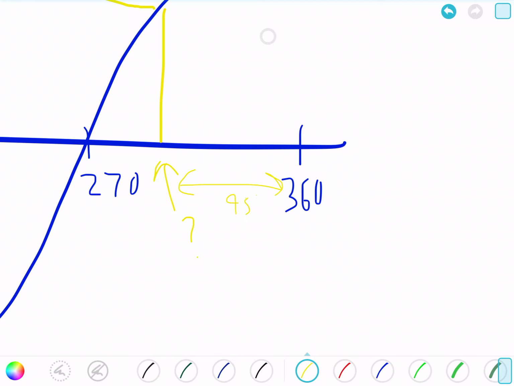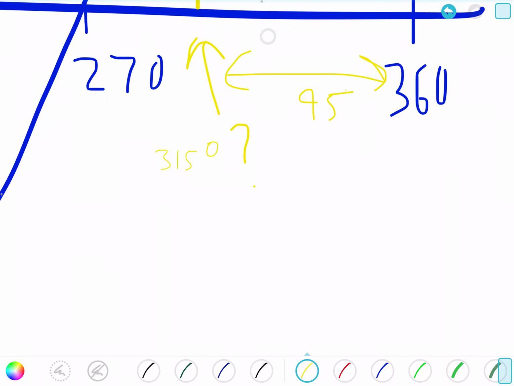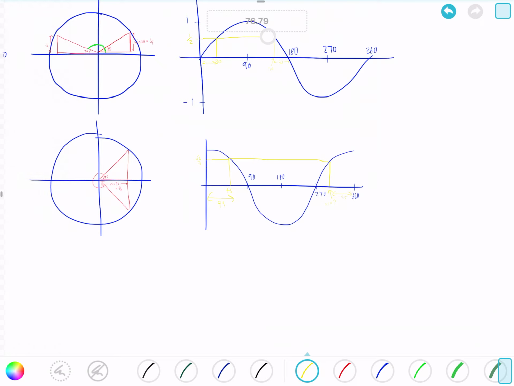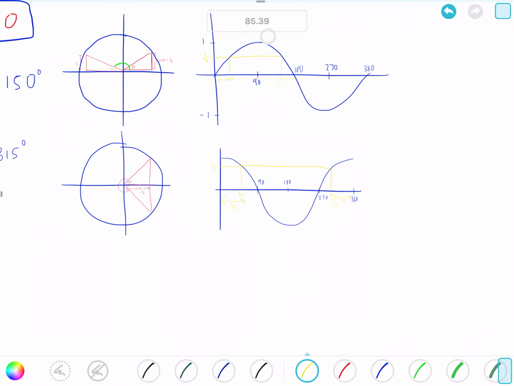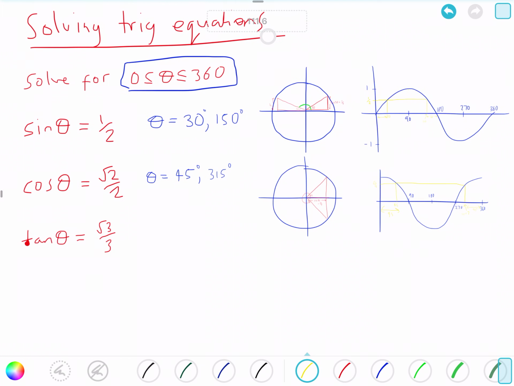You just do 360 minus 45, and that's 315. So that's how to find the second solution using the graph. Or if you just remember that you take it away from 360, that's fine. But hopefully this gives you an understanding. So let's do the third one.